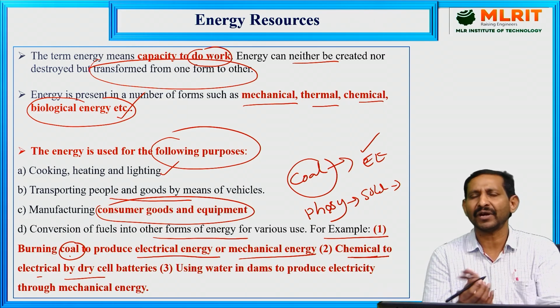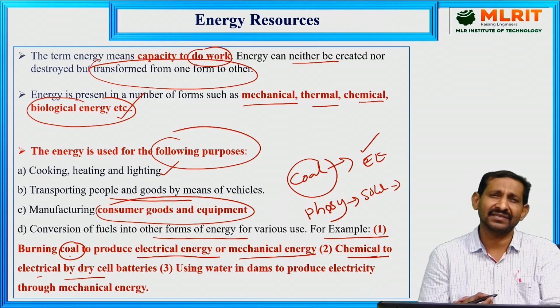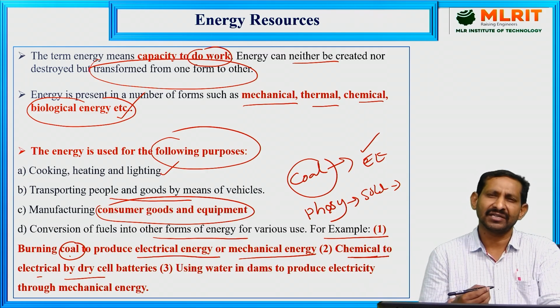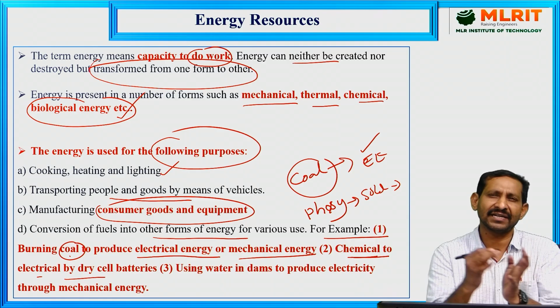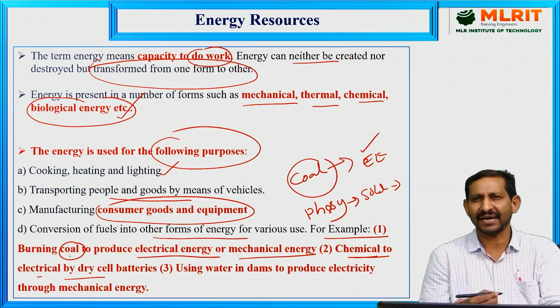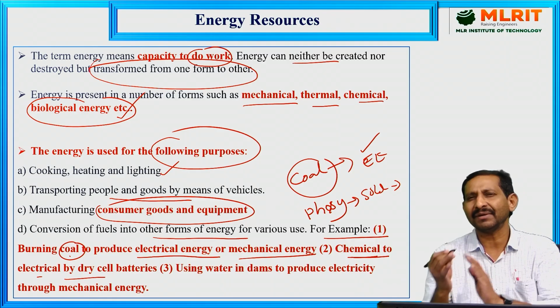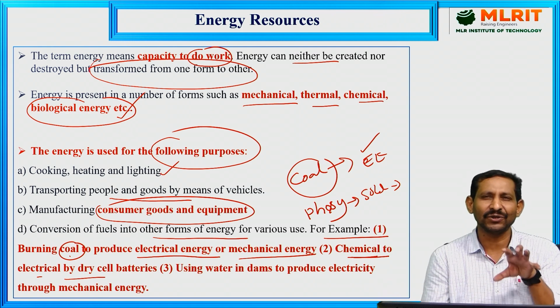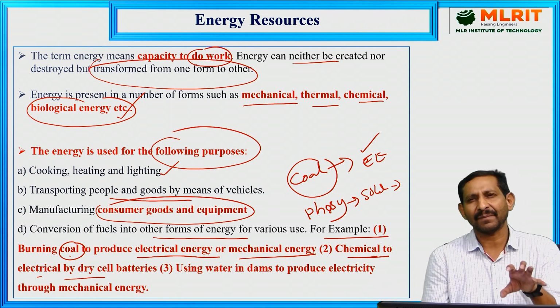Solar energy is utilized by plants for photosynthesis: atmospheric carbon dioxide and water are converted into food, which contains a chemical source, carbohydrate. So solar energy is converted to chemical energy. Here one form of energy is converted to different forms, and that energy is widely used in our daily purposes.